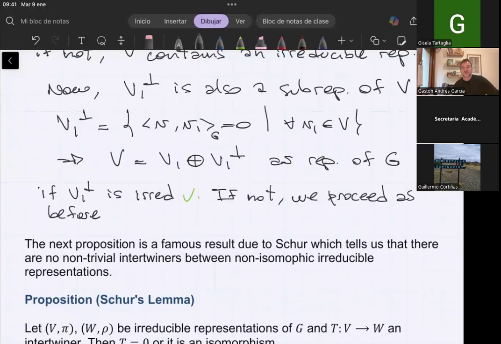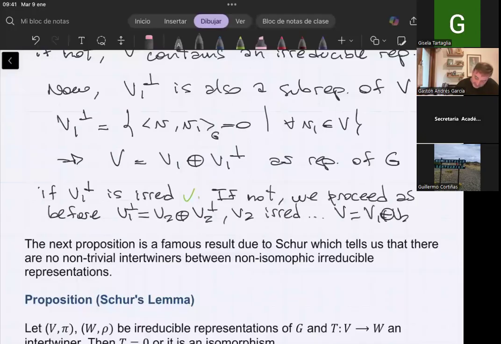We proceed as before and find a sub-representation. So we write V1 orthogonal as V2 plus V2 orthogonal with V2 irreducible. And we follow like this. So at the end, we will have that V is equal to the sum of irreducible ones. This is the sketch of the proof.